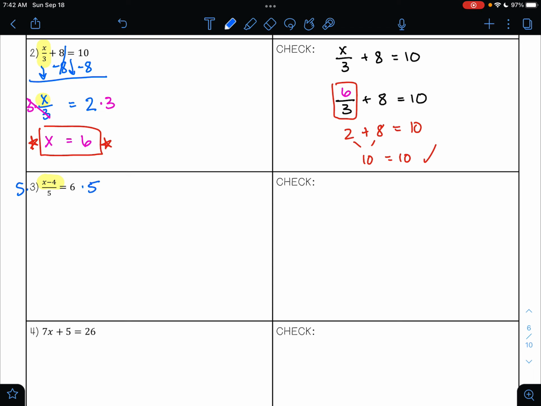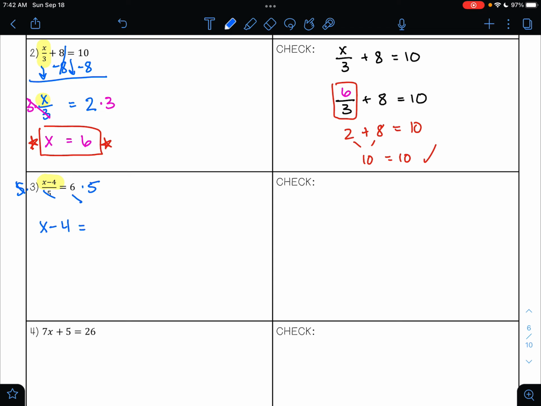Notice how this is different than number 2. Here we had x divided by 3 plus 8. Notice how the only thing in the numerator here was the x. On this one, we have x minus 4 in the numerator, and so we have to get rid of this fraction first. So that's what makes these two problems different. So here, multiplication undoes division, and that's going to leave me with x minus 4.